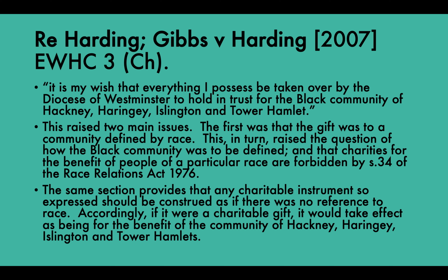Accordingly, if it were a charitable gift, it would take effect as being for the benefit of the communities of these particular areas. So therefore, the reference to race was struck out, and the gift to the black community was upheld as a gift to just the communities of the said areas.